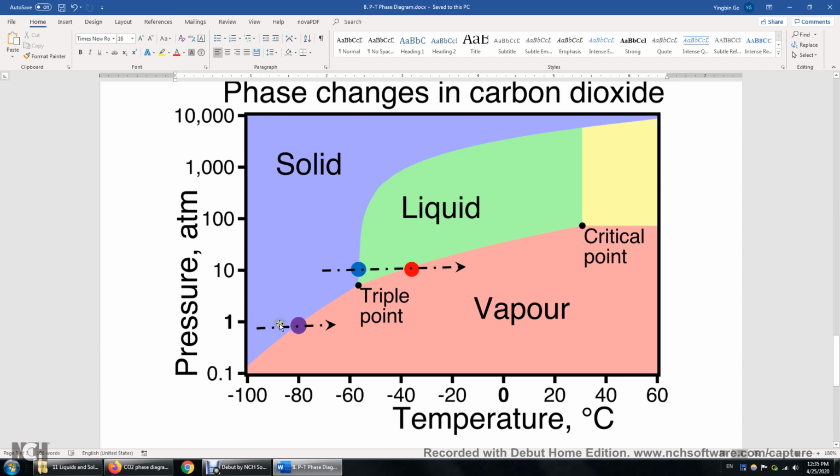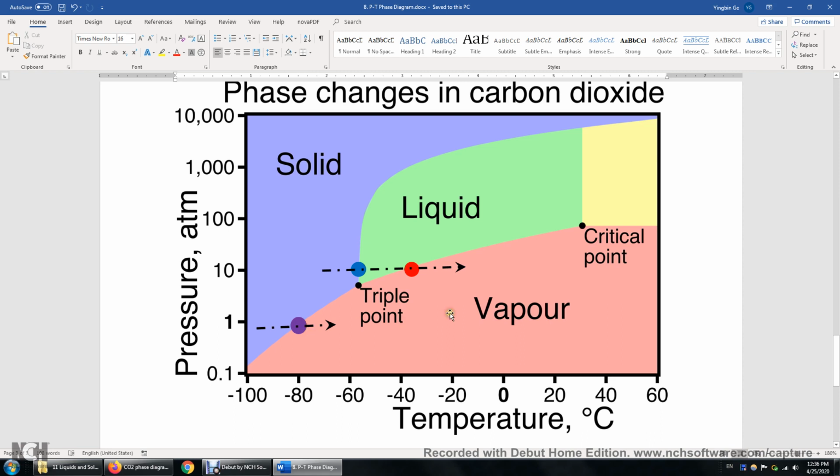At very low temperature, it's a solid. It's called dry ice. At negative 78 degrees Celsius, this dry ice starts to sublime into CO2 gas. This is the sublimation point, negative 78.5 degrees Celsius under 1 atm pressure. And over here, this is CO2 gas.